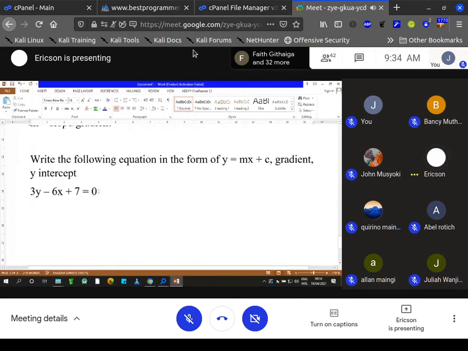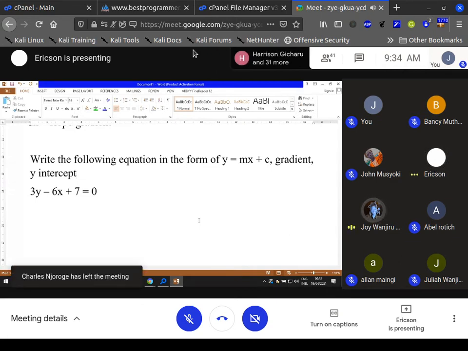Y equals 2x minus... the gradient is 2. Yes. And the y-intercept is negative 7/3. Very good.